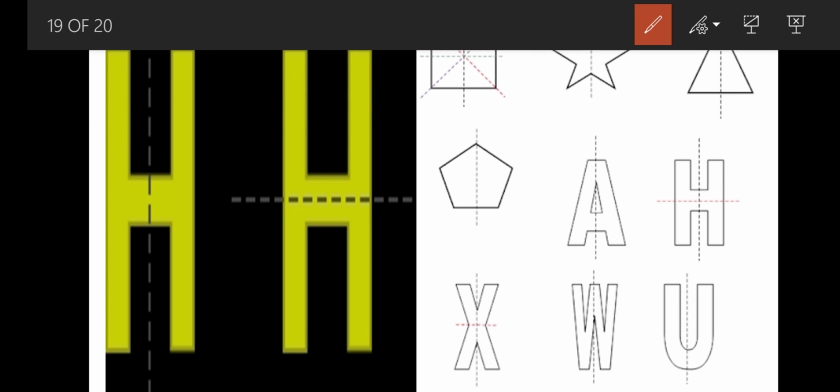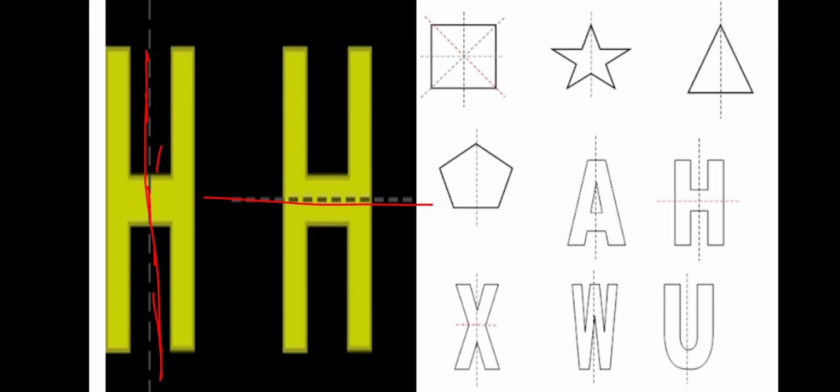If we draw the line of symmetry, this imaginary line will divide the picture into two equal halves. This is vertical, and this is horizontal. Here some more pictures are given with lines of symmetry.